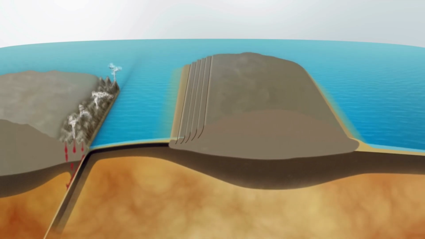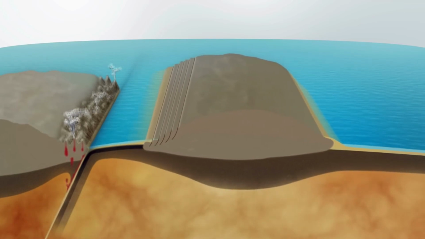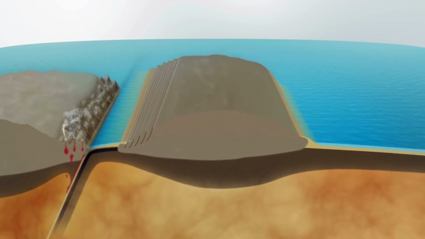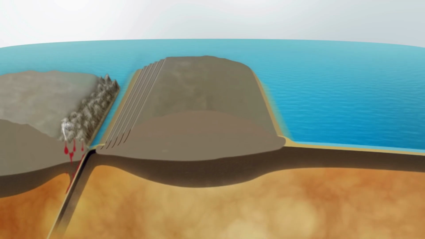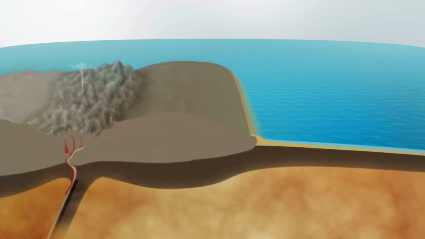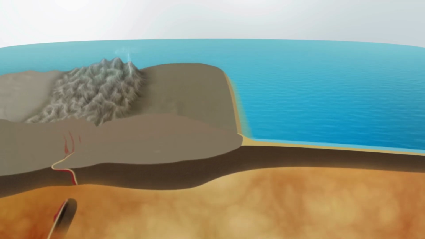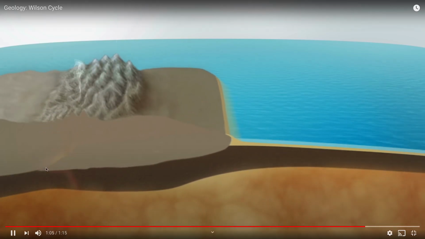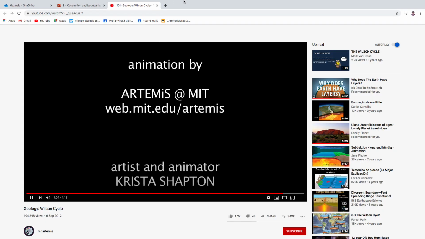And I reckon you can imagine or remember what happens next. Eventually, all of that ocean will disappear, and you will get the creation of fold mountains when the two bits of continent career into each other, and that is what's happening in the Himalayas right now.